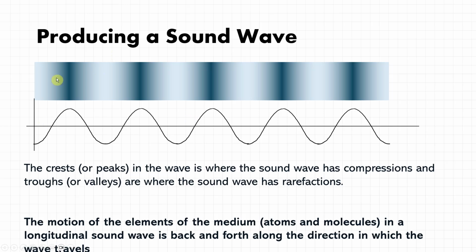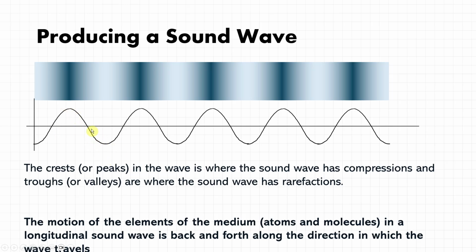And so we can actually draw out this sine wave here, where areas of high density, these compressions, result in a positive amplitude, and the rarefactions are a negative amplitude, and it ends up being a sine wave. These peaks and valleys are generally called crests and troughs.